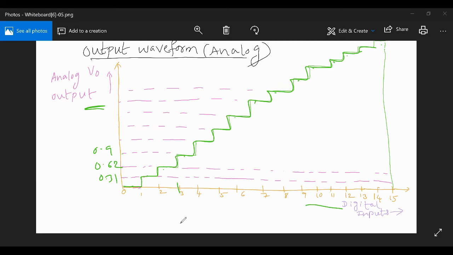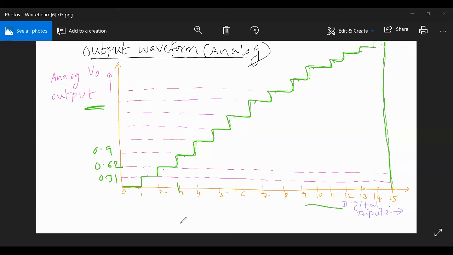And after 15, after all possible inputs, the output gets decreased to 0. So now 15 is the maximum input. Once the maximum input is applied, the output has to start from 0 after 15.